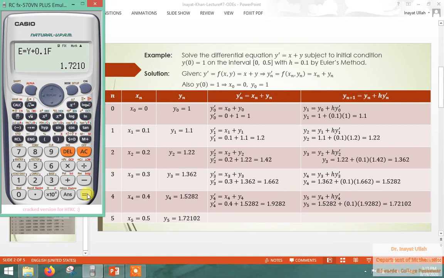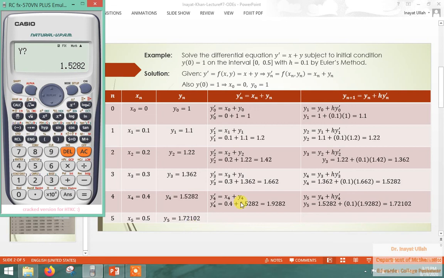So whenever you press equal sign, the calculator will ask you about the value of x, which is 0.5, the last value of x, and the calculator will ask you about the value of y, which is the last value from here. y5 is this thing, so that is 1.72102.